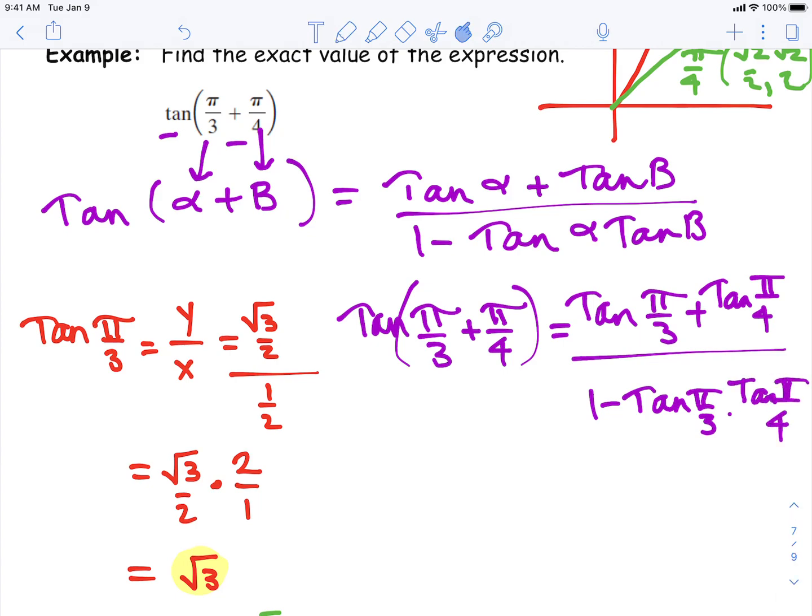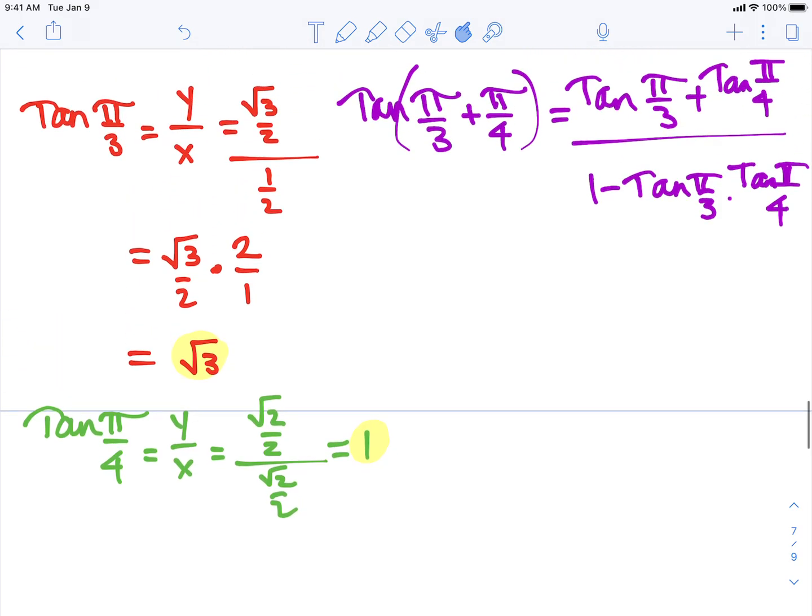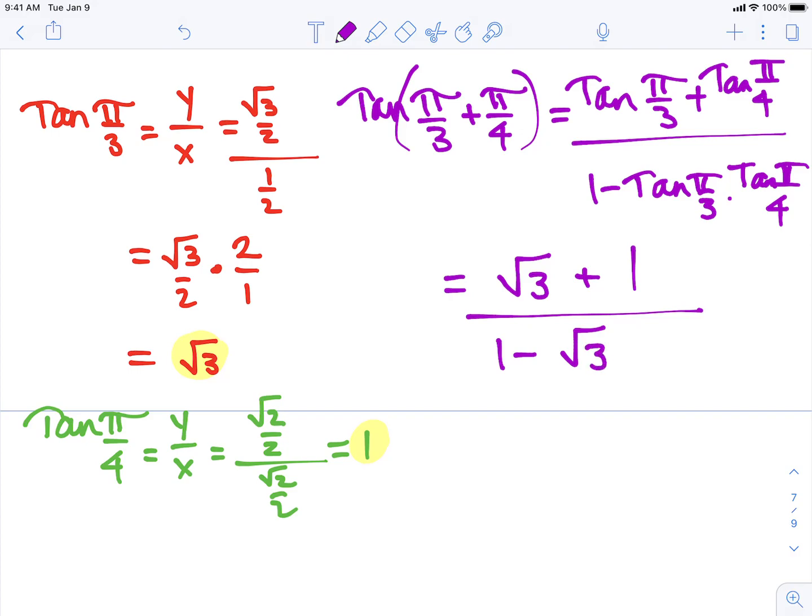So let's sub in those red and green values. The tangent of pi over 3 we found to be the square root of 3. The tangent of pi over 4 we found to be 1. In the denominator, again, substitute in square root of 3 for the tangent of pi over 3, and then 1 for the tangent of pi over 4.